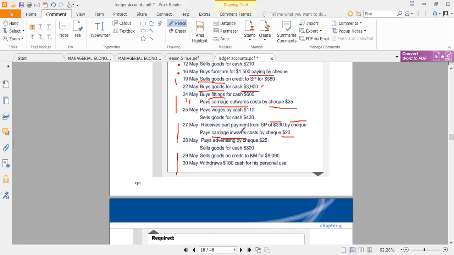The carriage inward expense is going to be debited. The money is coming out, and expenses will always be debited. So we credit the bank account, then we debit the carriage inwards account.